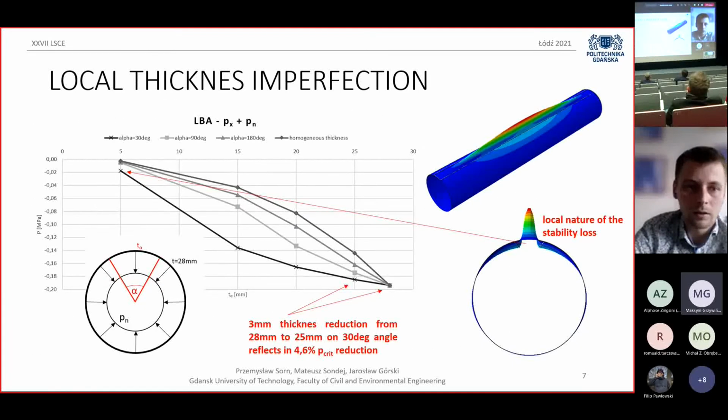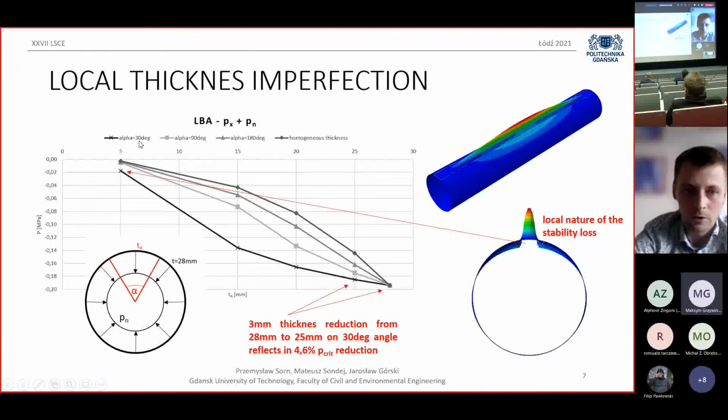On the next slide, we wanted to check how the shell behaves when we model some local imperfections. The imperfections were modeled as a reduction of the thickness on an angle of alpha degrees.